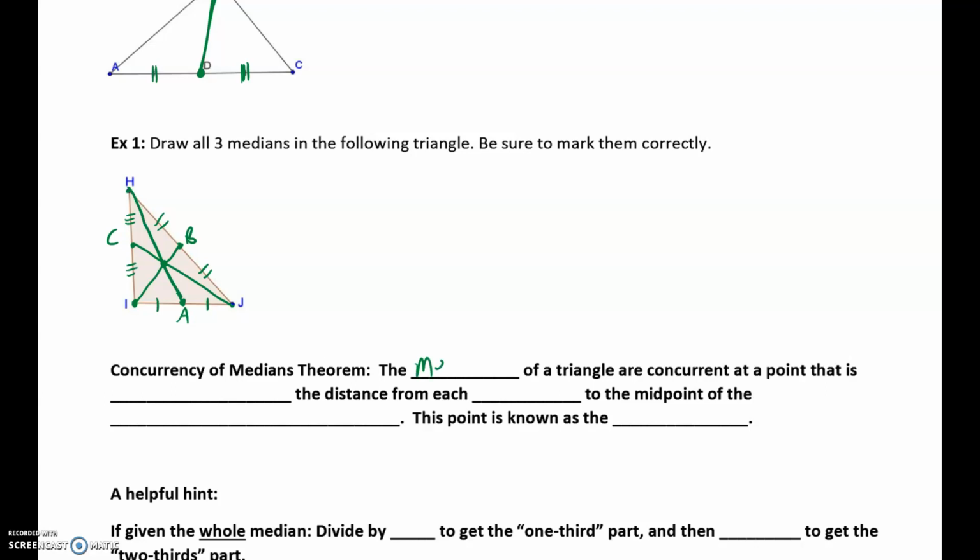So it turns out the medians of a triangle are concurrent, so they all meet at a point that is 1/3, and this is going to be the hard part of this lesson. I'm kind of sad I'm not here for this. It is 1/3 the distance from each vertex to the midpoint of the opposite side.